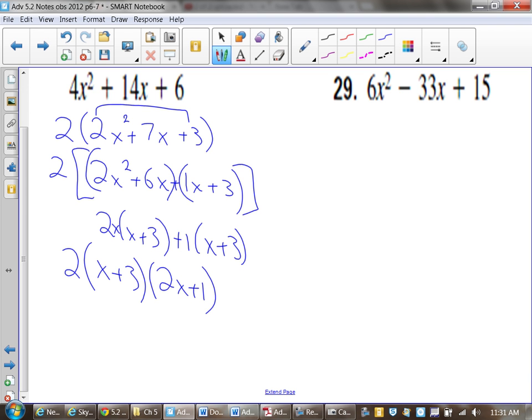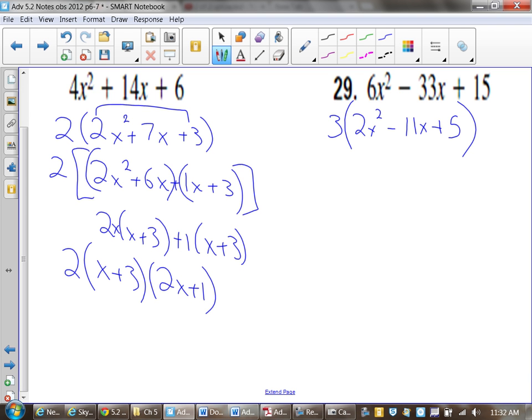Okay? Same idea here with 6, 33, and 15. I could factor everything out by a 3. Yes, sir? If I factor out a 3, I get 2x squared, 11x, and a 5. What's GCF? Greatest common factor. What's the biggest thing that goes into all 3 of them?